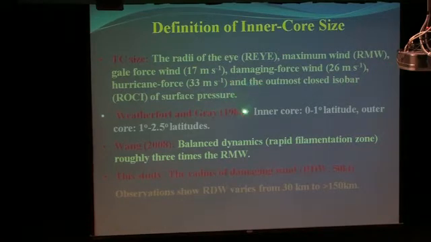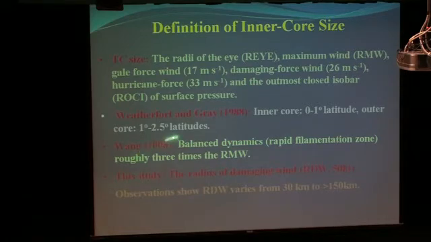And in the early days, we mostly used the outermost closed surface pressure field. In a study in 1988, Weatherford and Gray defined the inner core as an area within 1 degree latitude radius, and the outer core is 1 to 2.5 degrees latitude. So the definition of inner core seems to be a fixed radius for different storms. That's probably not good to use for very large storms.